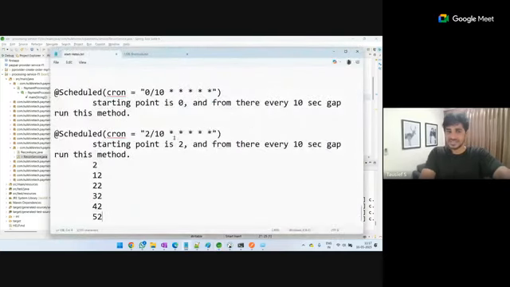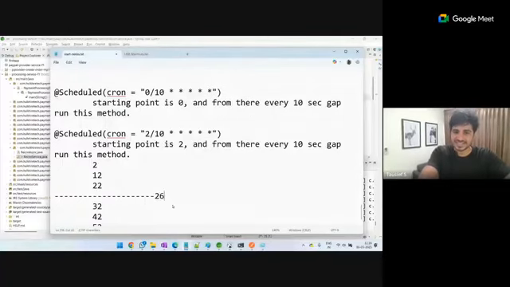One more clarity you need to have here, guys. This starting point is used for calculation. What does this mean? It does not wait for the 0th. Understand it a little: let's say your microservice is restarted between 22 seconds, say at 26 seconds.